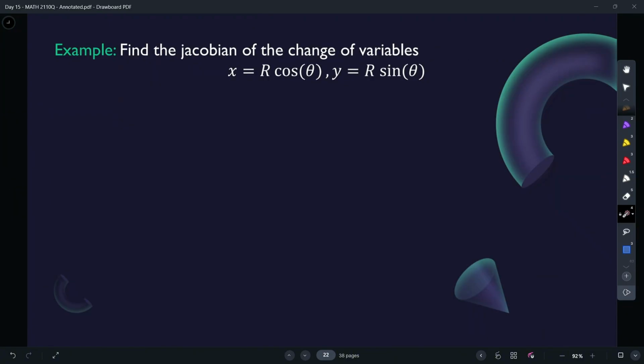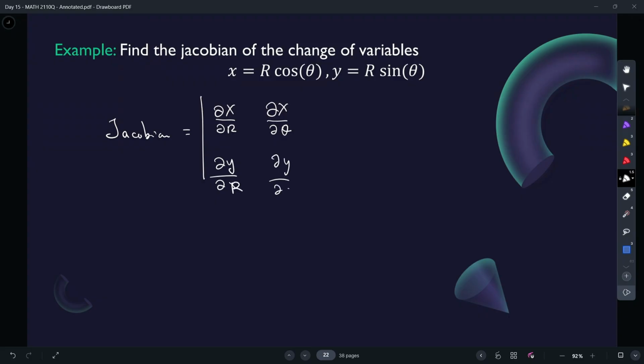Let's find the Jacobian of a polar change of coordinates and hope that the correct Jacobian in this case is r, which is what we've been using all along. So the Jacobian will be the derivative of x with respect to r, derivative of x with respect to theta, derivative of y with respect to r, derivative of y with respect to theta.